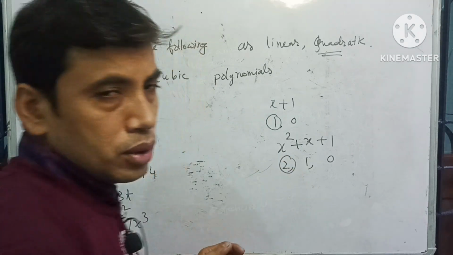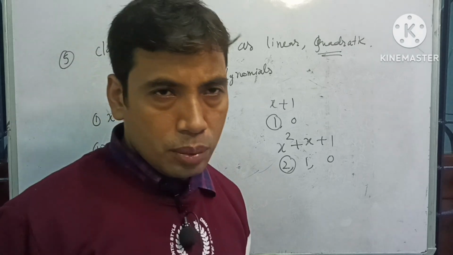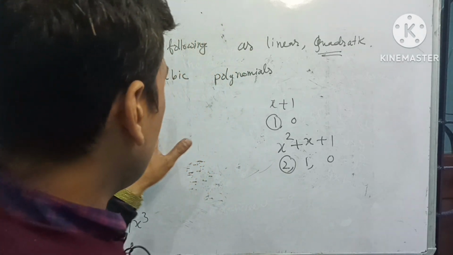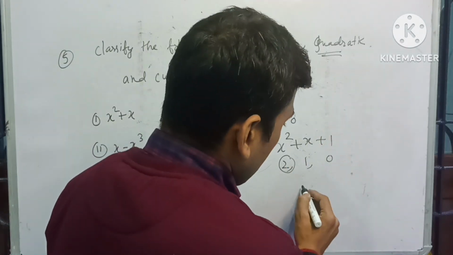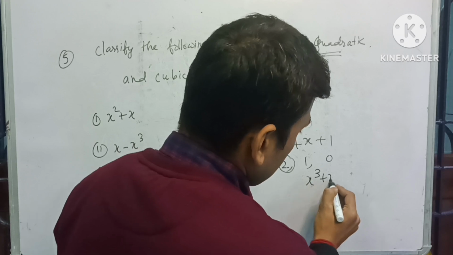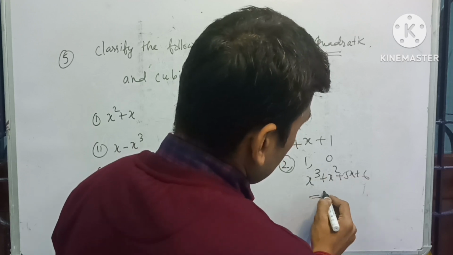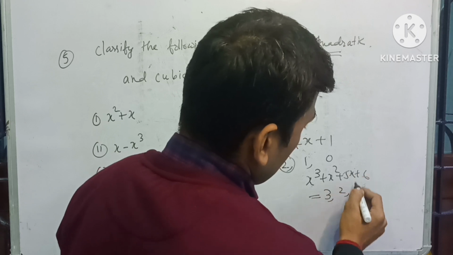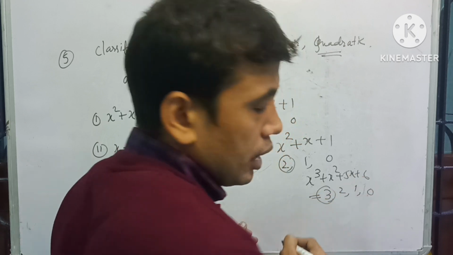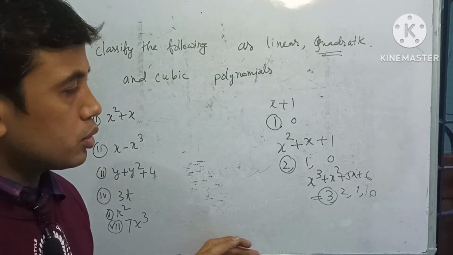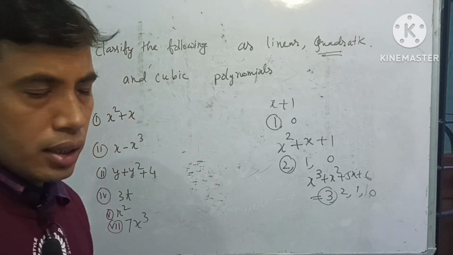And cubic means polynomials of degree 3. That means I write a polynomial x cube plus x squared plus 5x plus 6. Here the exponent is 3, here 2, here 1, here 0. So 3 is the greatest exponent. So this is called a cubic polynomial.